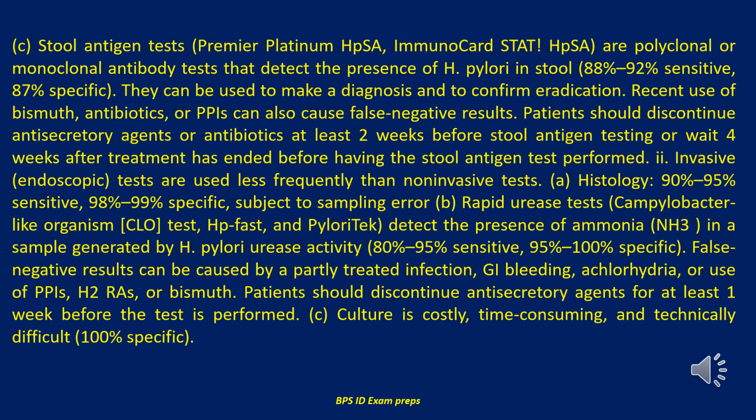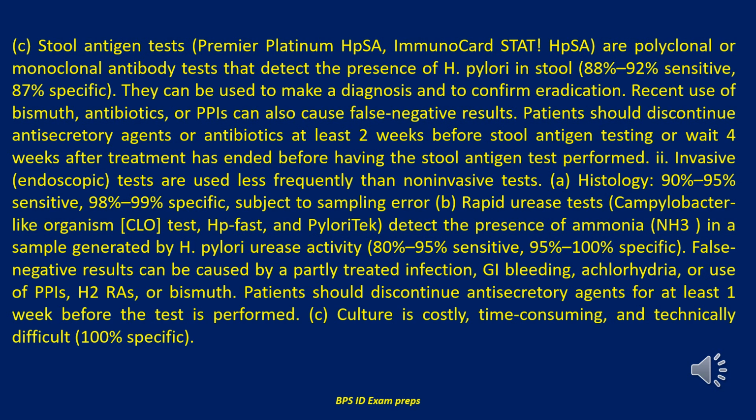C. Stool antigen tests, which include Premier Platinum HpSA and Immunocard STAT! HpSA, are polyclonal or monoclonal antibody tests that detect the presence of Helicobacter pylori in stool. They are 88% to 92% sensitive and 87% specific.